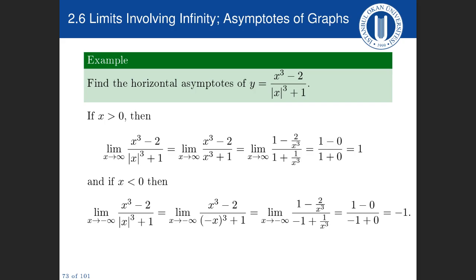Let's do the same thing for the limit as x tends to minus infinity. If x is a negative number, which is getting bigger and bigger in size, then it's okay for us to assume that x is a negative number. So instead of the absolute value of x, we can write minus x. And then if we do the same type of calculation we did before, we end up with the answer minus 1.